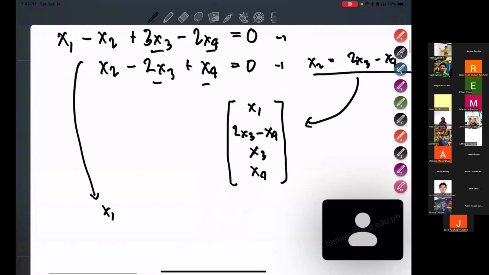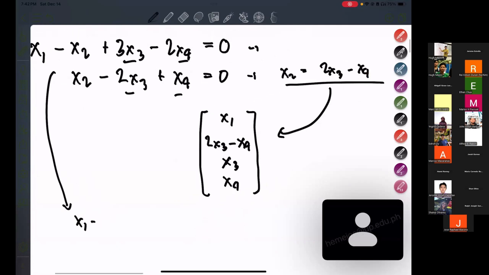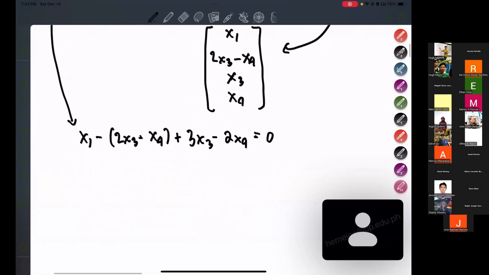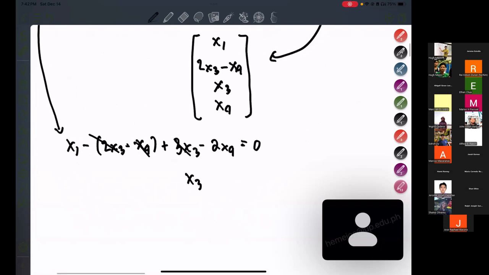So what happens is, you have x1 minus (2x3 minus x4) plus 3x3 minus 2x4, that's equal to 0. Simplifying everything, this becomes x3, and this becomes negative x4.